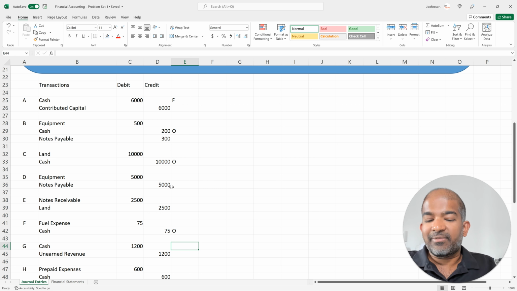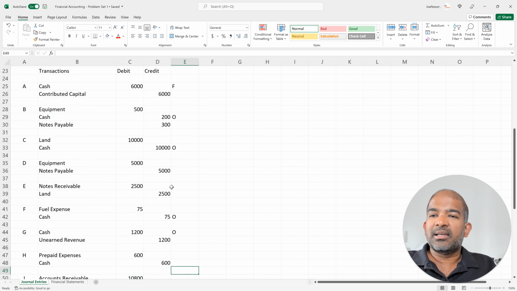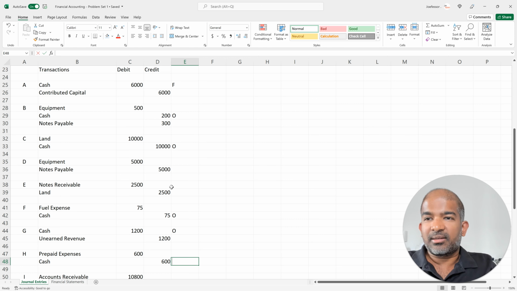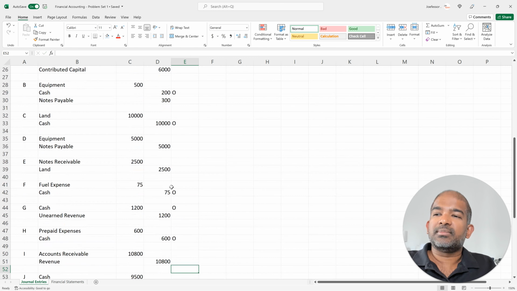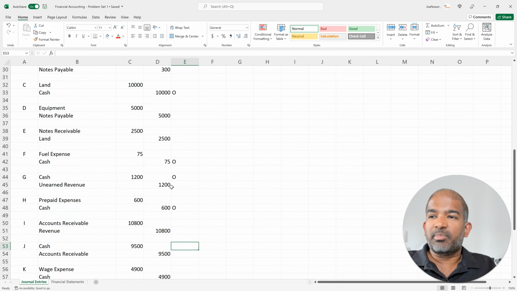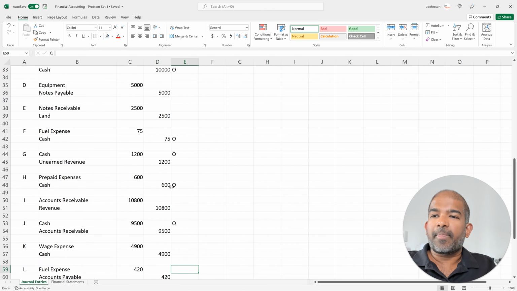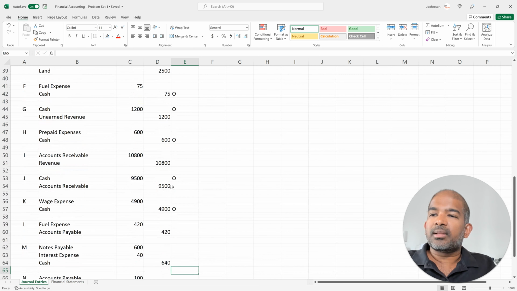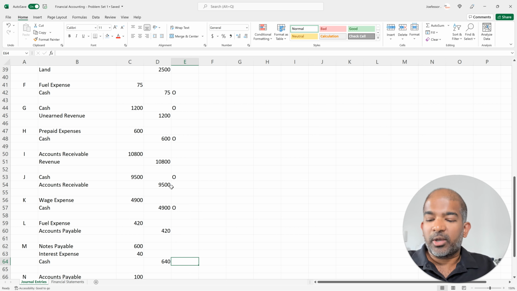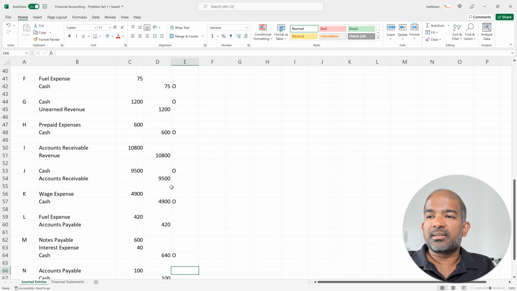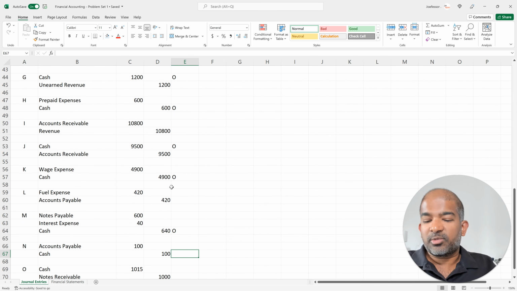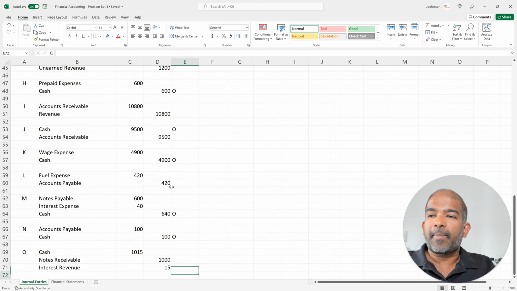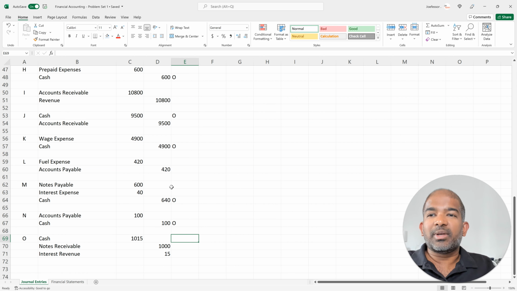Cash which we collected in advance, and we paid for insurance in advance, again it's cash from operations. Cash collected from revenue from our customers, again it's operations. Cash for wage expense, again it's operations. Cash for paying what we owed, again it's operations. Cash for accounts payable, it's also operations. Cash we collected from the city, again it's part of operations.